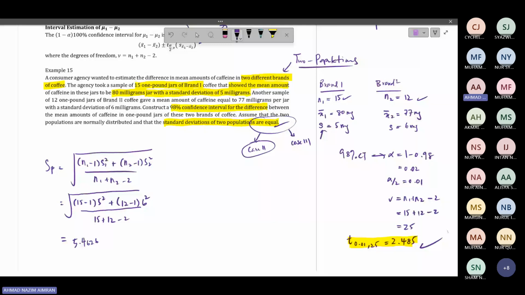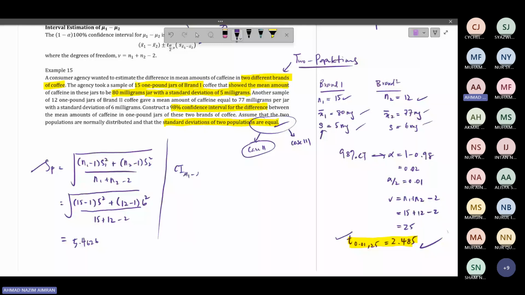So now you have the pooled standard deviation, you have the critical value, you have all the information required. Only then can you calculate the confidence interval.